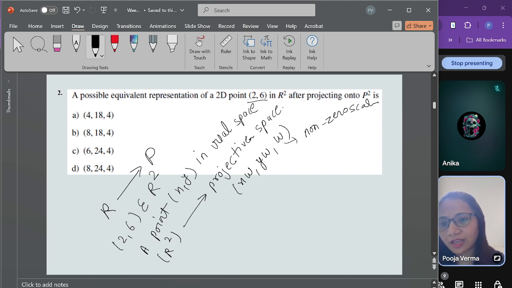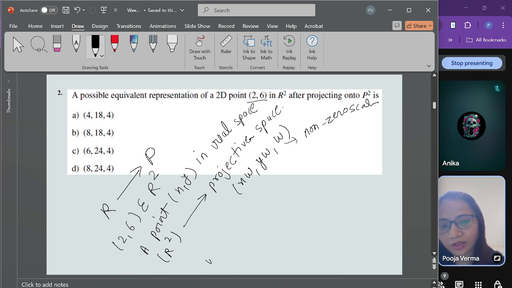So let's check by going through the options. By converting back, what will be the projective space point? First, convert the 2D point into the real space.